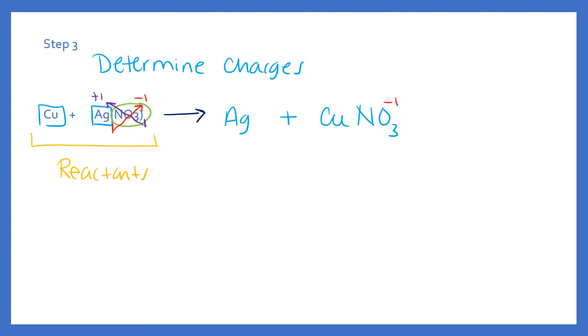Now, copper can take a +2 or a +1. In this case, it's going to take the +1 charge, because 1 minus 1 equals 0. Good, so now we determined our charges. So copper is a +1, NO3 is a -1, and that NO3 came from the reactant side.